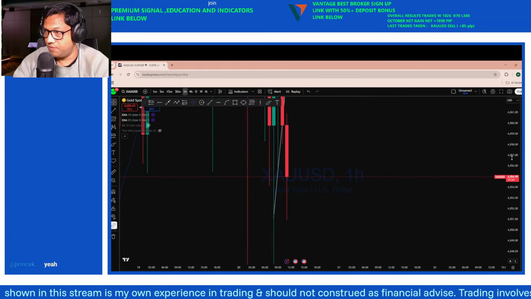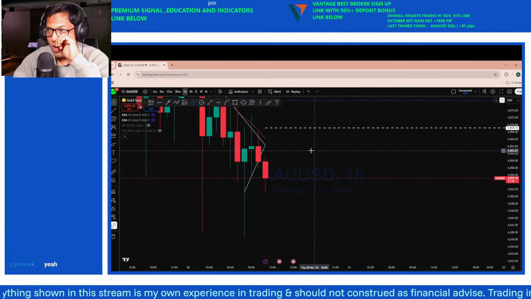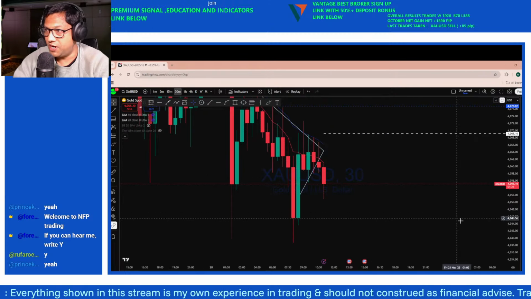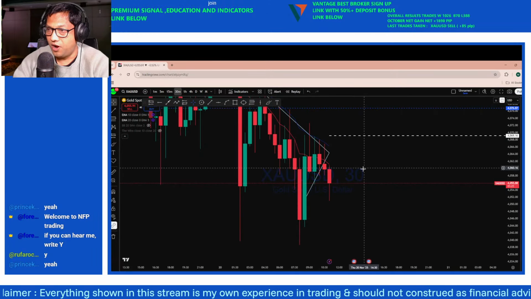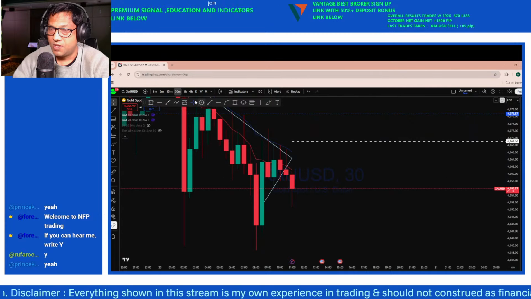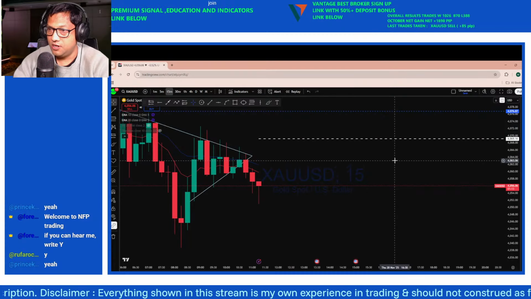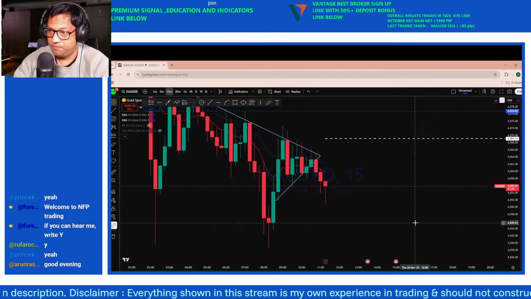If you look at this 1 hour market structure and the 30 minutes, the 30 minutes price action candle is closing bearish so far. And if you look at the 15 minutes, it is also closing with a big bearish doji here.